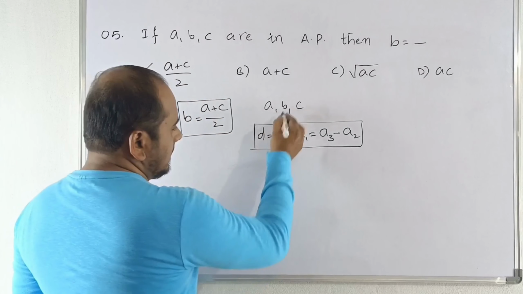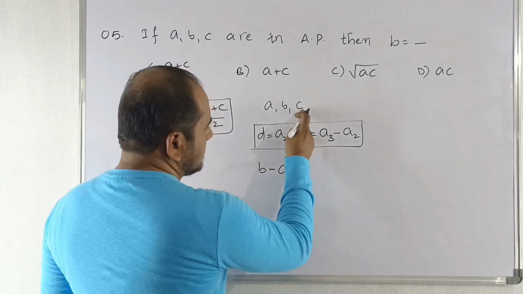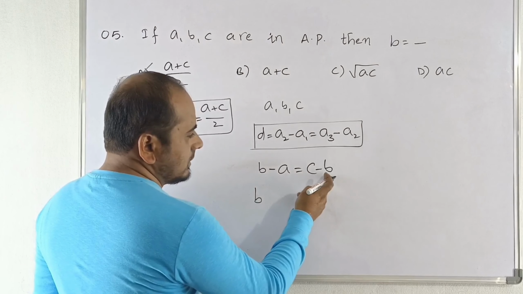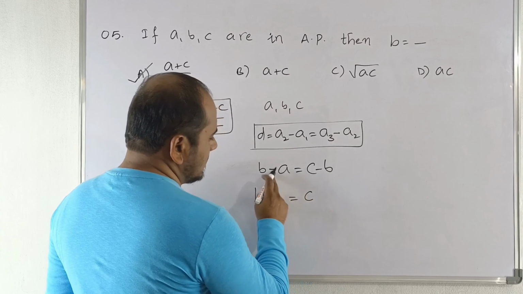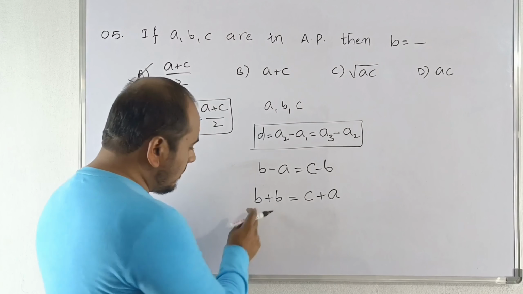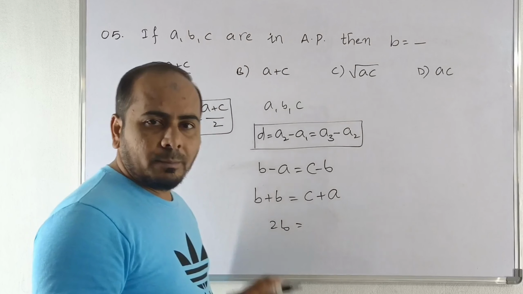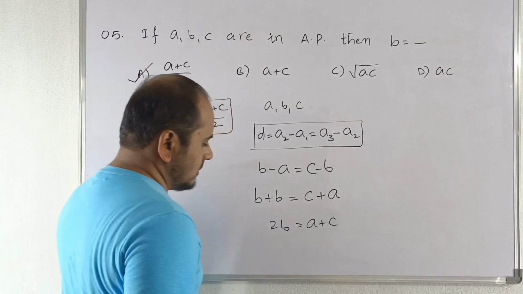Now we take B minus A is equal to C minus B. Then this minus B will become plus B is equal to C. Sending this A to that side, it will become plus A. Now B plus B is 2B. C plus A or A plus C, both are the same, so we can write A plus C.